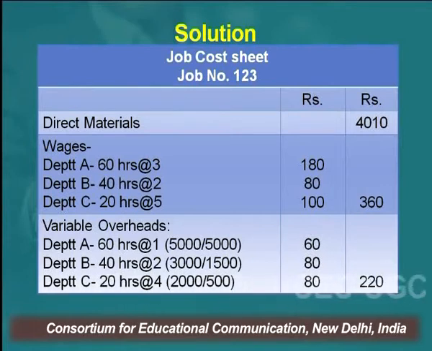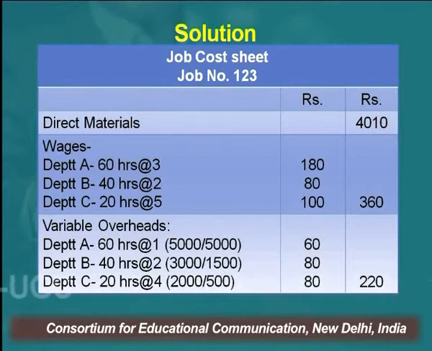And in Department C, 20 hours have been spent on this work, and the rate is 5 rupees per hour, so 100 rupees. So 360 rupees worth of labor has been spent on completing this job. For each department the number of hours is given, and the rate we have already calculated while discussing the question. In this way, labor cost is calculated.